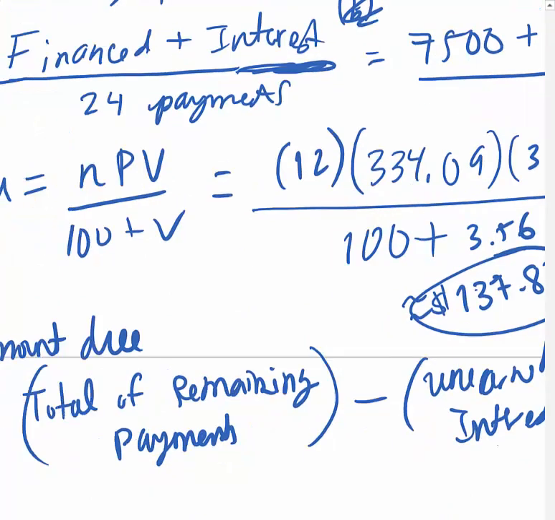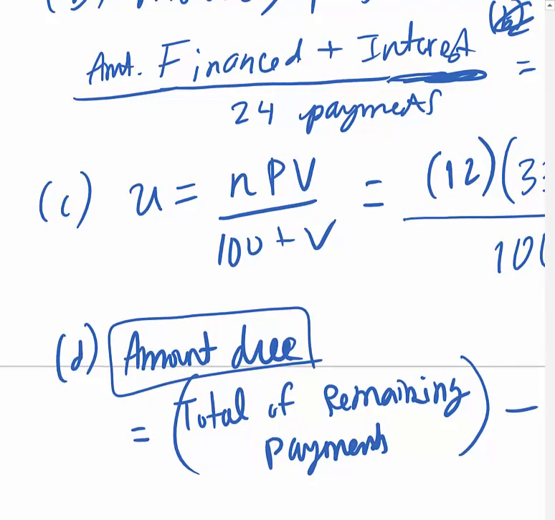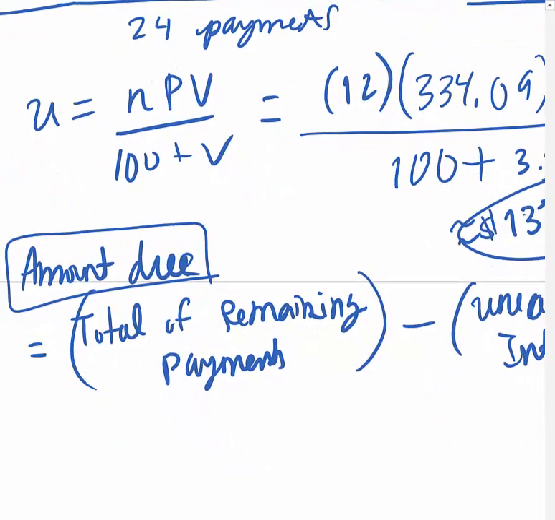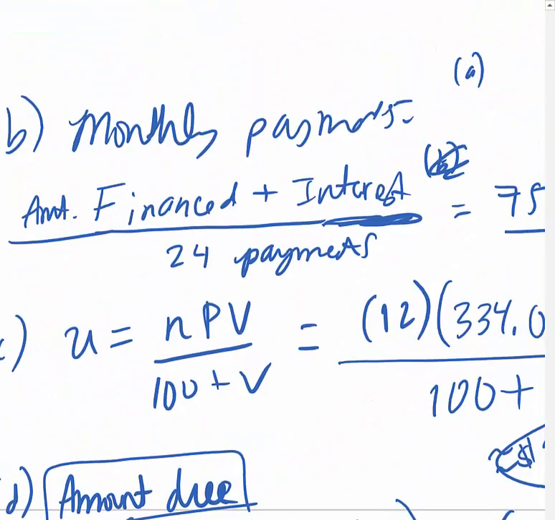Okay, so almost done. The last part of this problem wants to know how much would be due if he pays it off after 12 months. Well, it's pretty simple. It's not too complicated. It's the total of the remaining payments. So after he's paid 12 payments, there are 12 payments left. Number of payments left times, how much was each payment? I already forgot. That was part B?